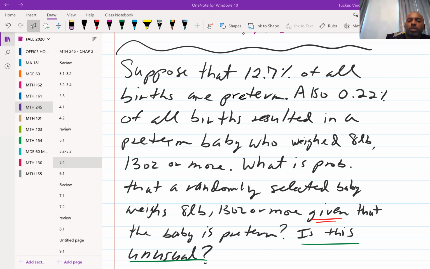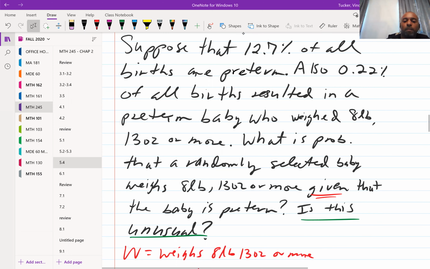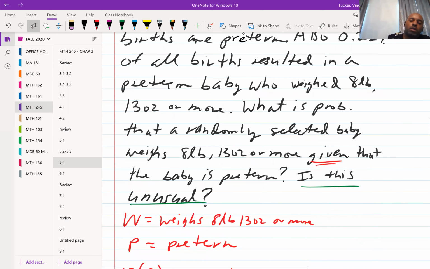All right, so once again, 12.7% of all births are preterm, 0.22% of all births result in a preterm baby who weighed 8 pounds, 13 ounces or more. So right here, I decided to call W weighs 8 pounds, 13 ounces or more, and P preterm.